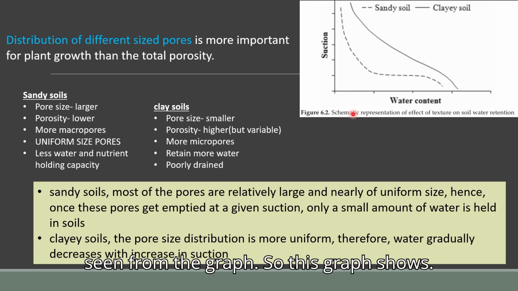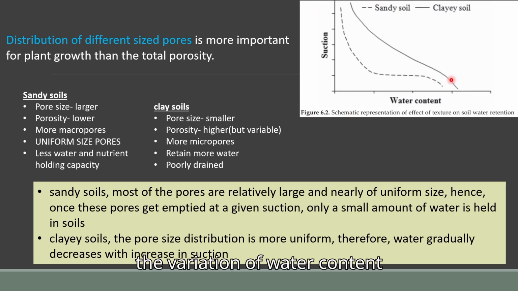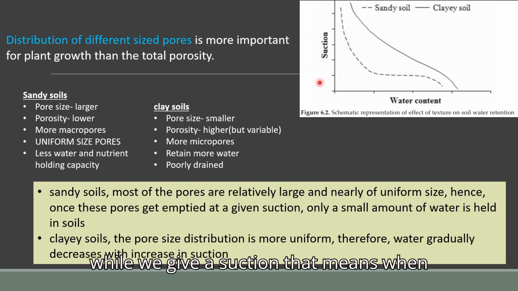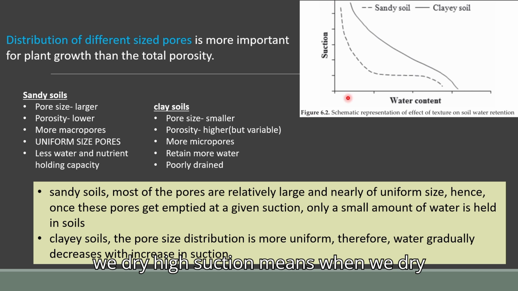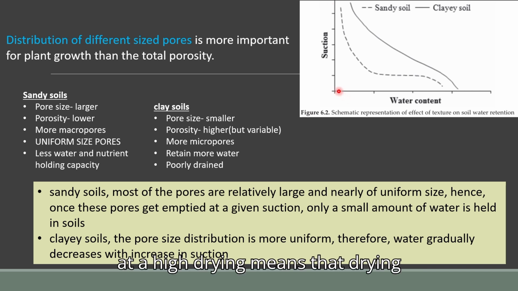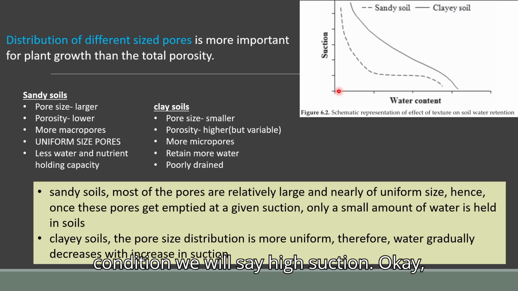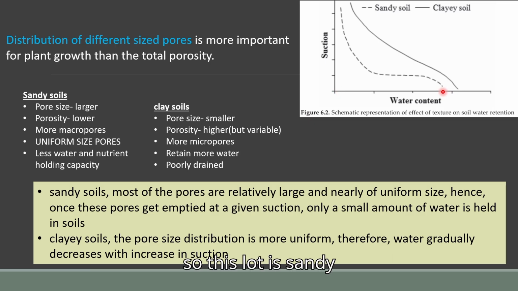This graph shows the variation of water content while we give a suction. High suction means when we dry, that is a high drying condition. Okay, so this dot is of sandy soil and this line is of clay soil.